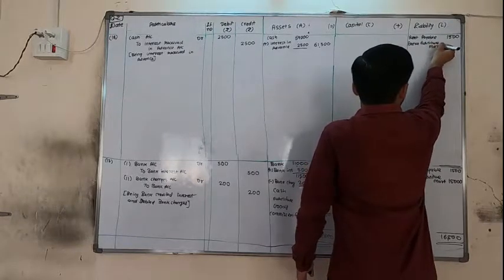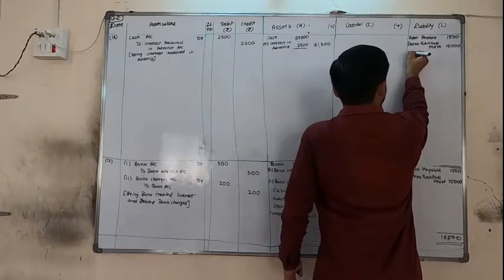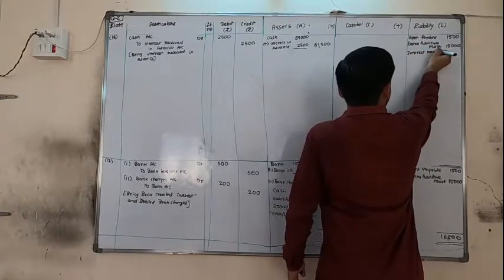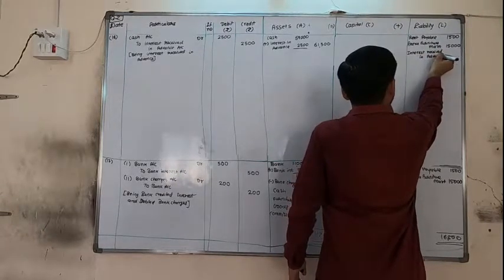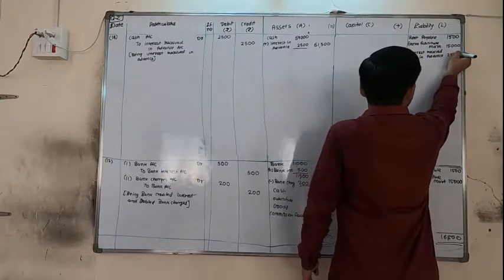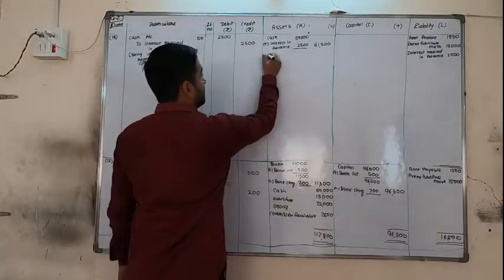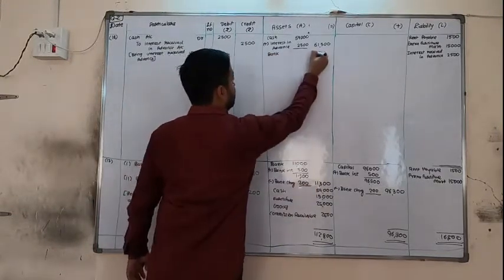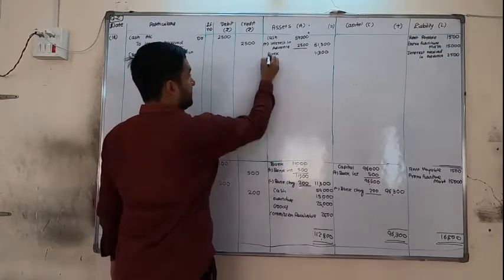Prexa Furniture Mart 15,000, and now interest received in advance 2,500 would be coming. All the remaining things are the same. Bank is 11,300. Cash is coming.